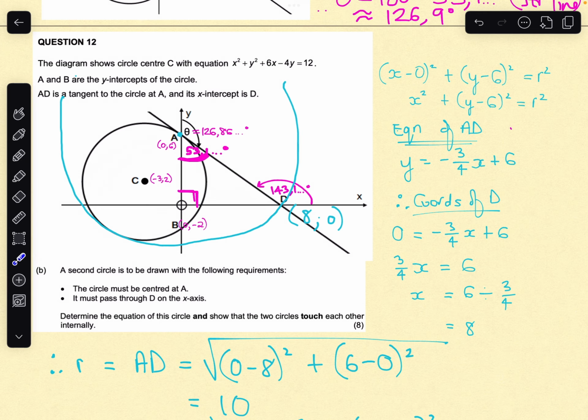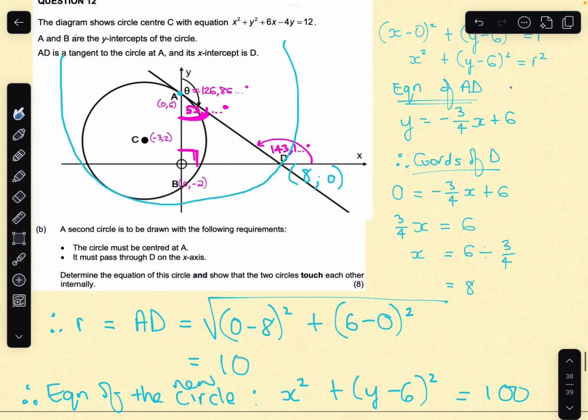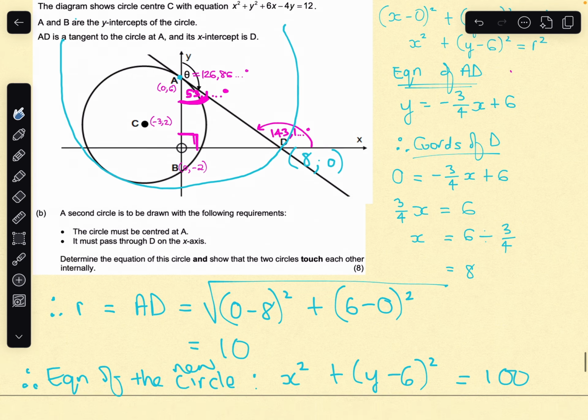And we also know that the difference between the big radius and the small radius is also 5. So that apparently proves that they touch internally. I don't know. I don't have the brain power right now to make sense of that, but according to the memo, that is a perfectly valid way that you could have justified that these two circles touch internally.